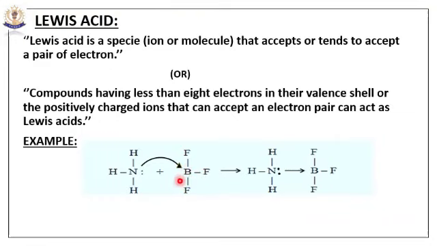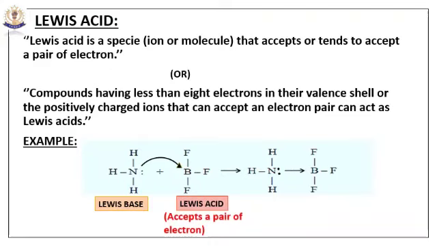So BF3 has 6 electrons. It needs 2 electrons to complete its outermost shell. So it is accepting a pair of electrons from ammonia and forming this complex. As a result, BF3 acts as Lewis acid because it accepts a pair of electrons and forms this complex.